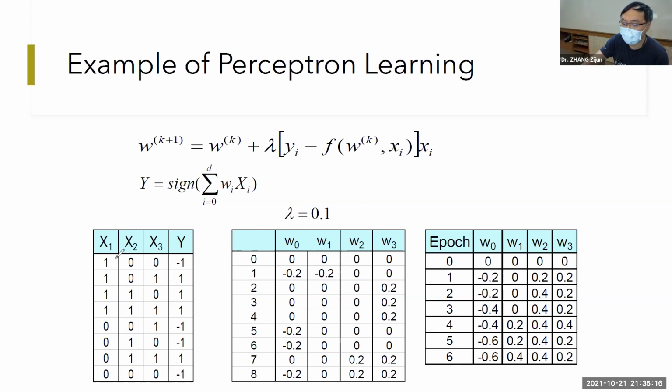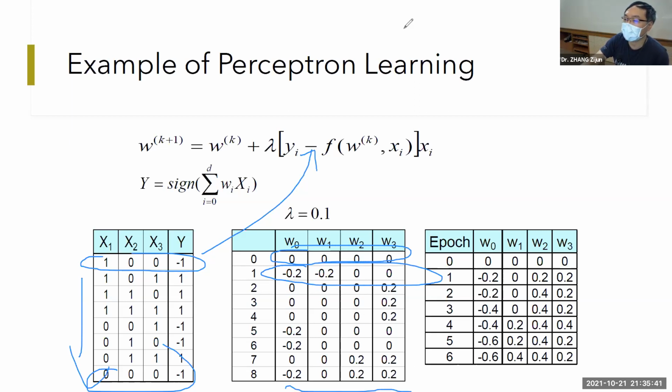For each epoch, you feed data from 0 to 8 into the network to compute the weights. At the beginning, it's initialized as 0, but by feeding one data point, it becomes this, and later this. Each epoch is after feeding all the data points and finishing all the updating; then you go to the next repetition.